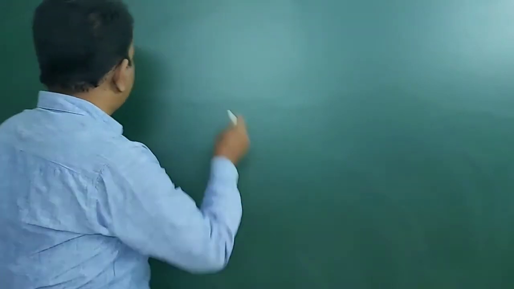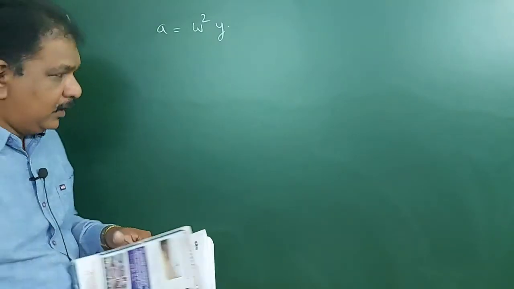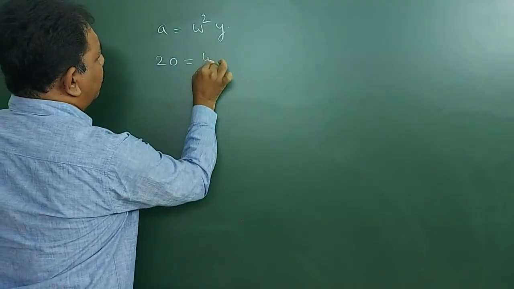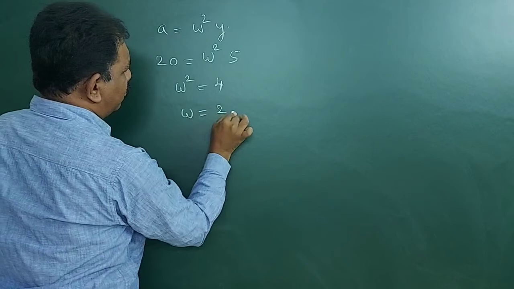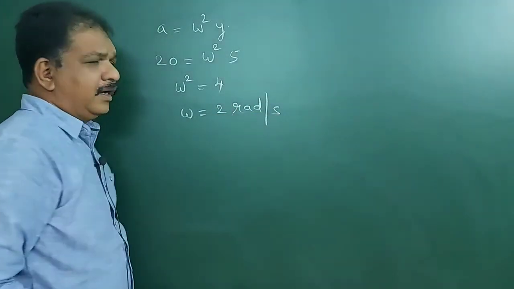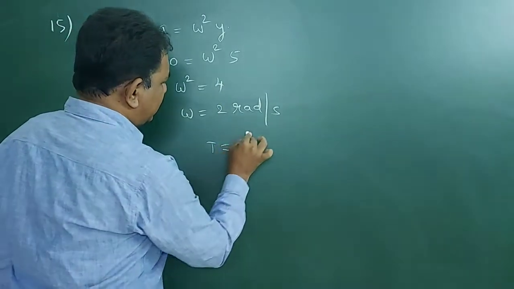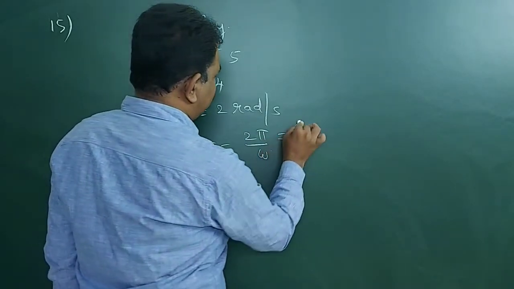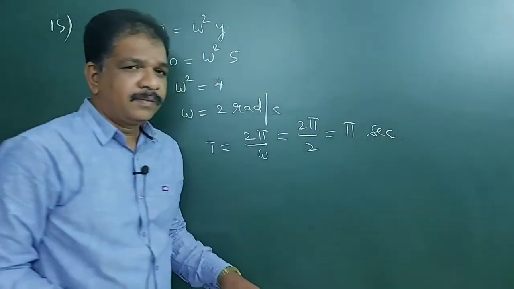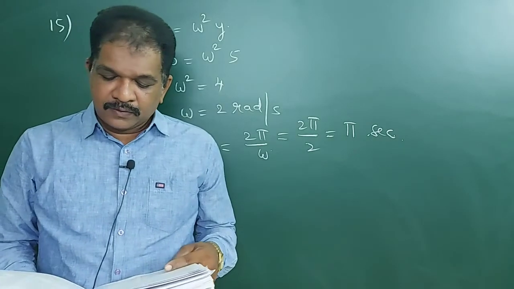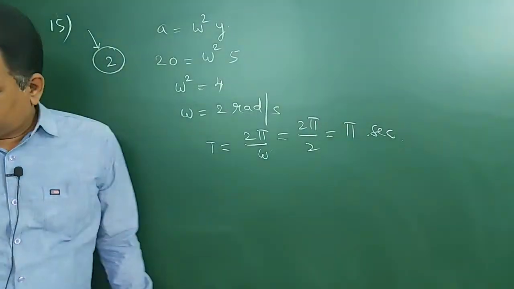So A is equal to omega square y. A value will be 20. Omega square into 5, omega square is equal to 4. Omega is equal to 2 radian per second. Time period T is equal to 2 pi by omega. 2 pi by 2, this value will be pi seconds. So 15th, it will be second option.